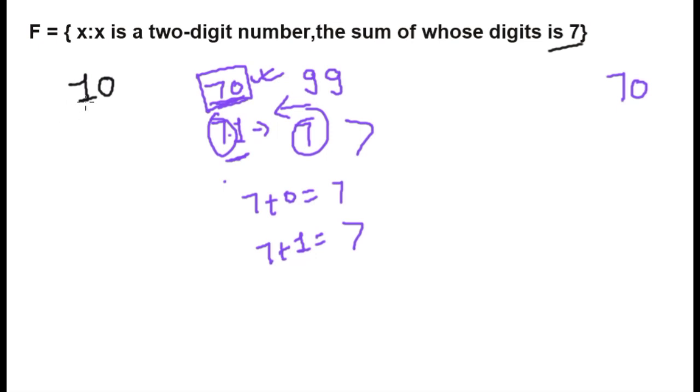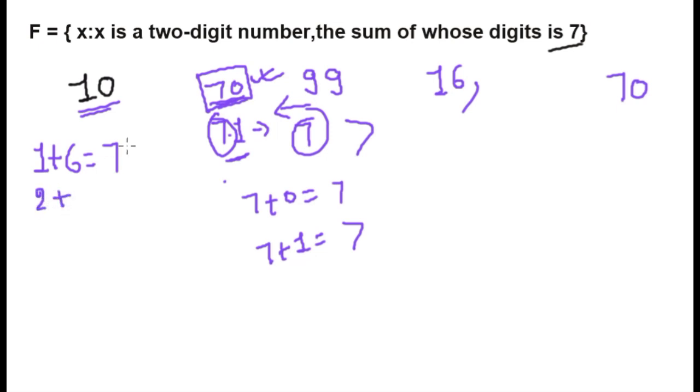Now we will start from this side. 1 plus 6 is equal to 7. So our first number is 16.